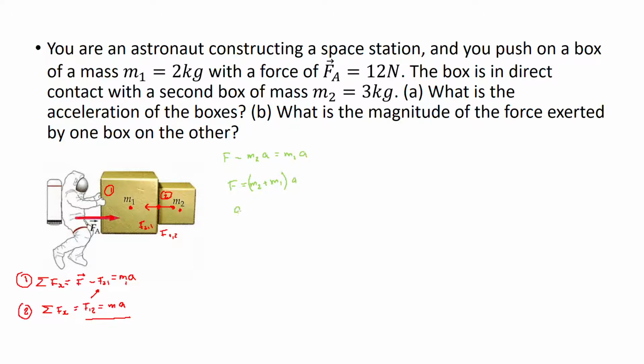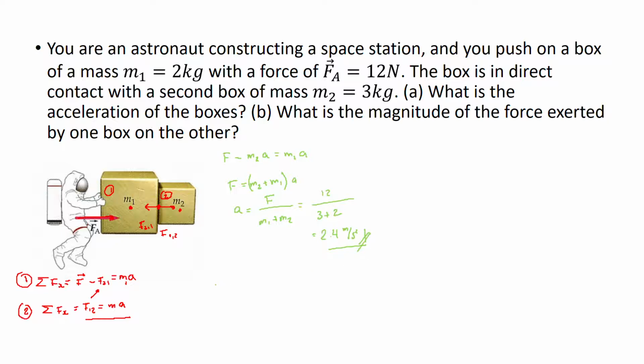So acceleration is equal to force over mass 1 plus mass 2, and you just substitute the values: 12 over 3 plus 2, and that is equal to 2.4 meters per second squared.